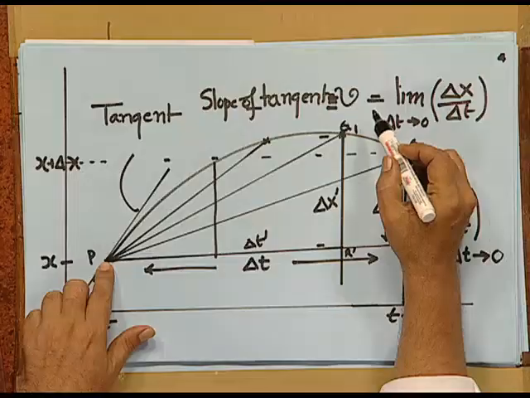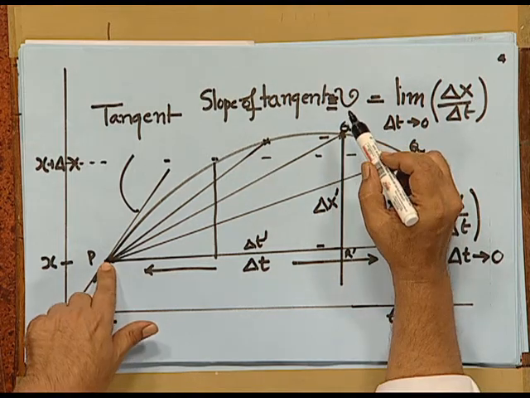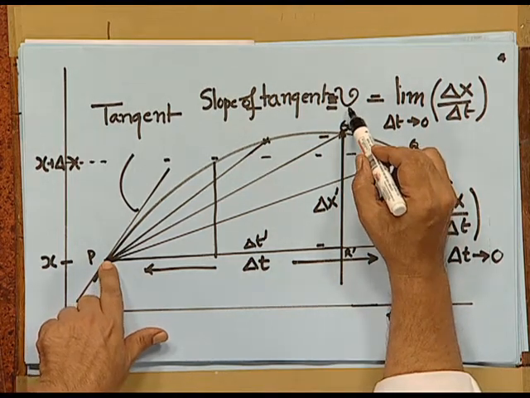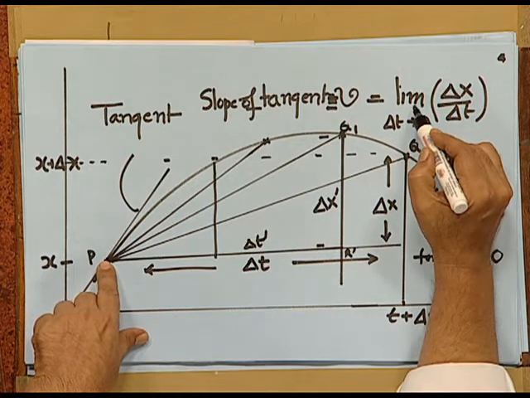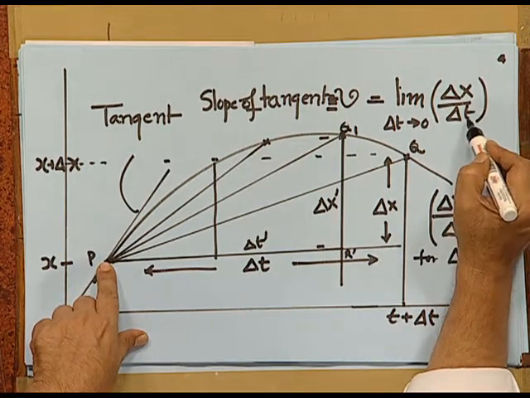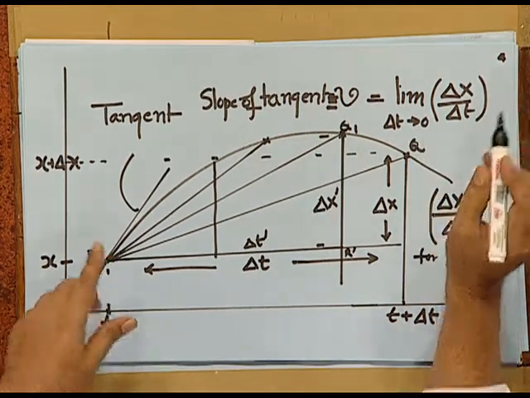The slope of the tangent at point P, V, is written as the limit of delta x by delta t as delta t tends to 0, and is called the instantaneous velocity at point P.